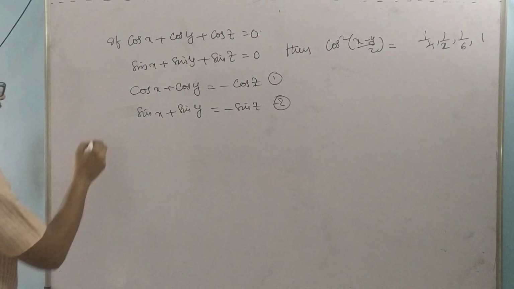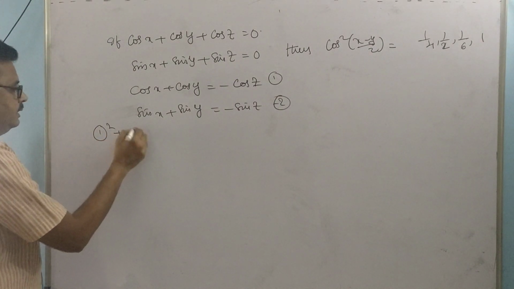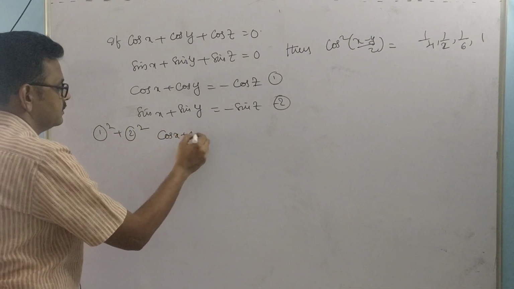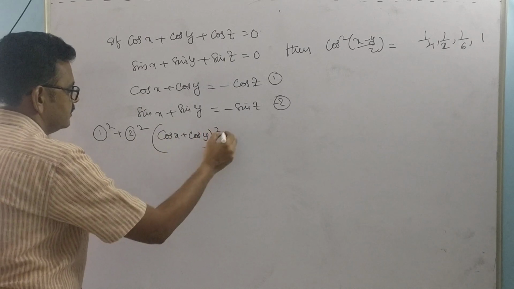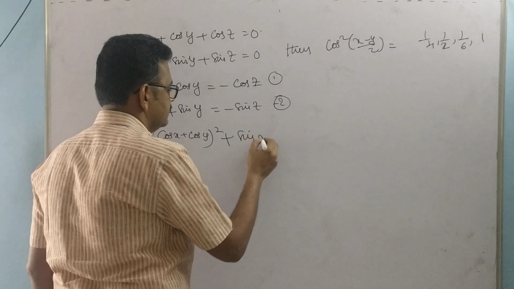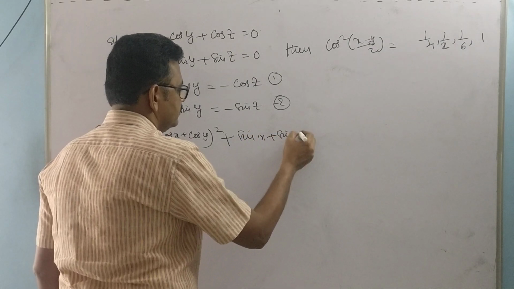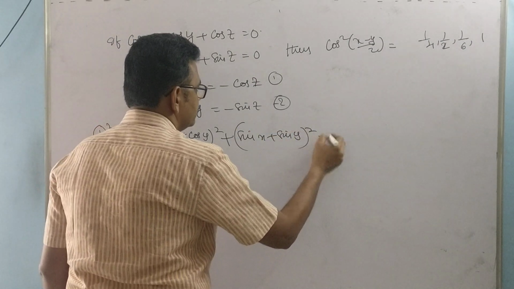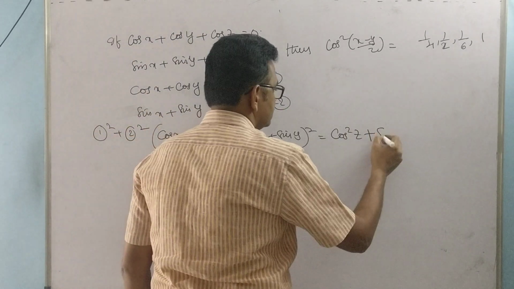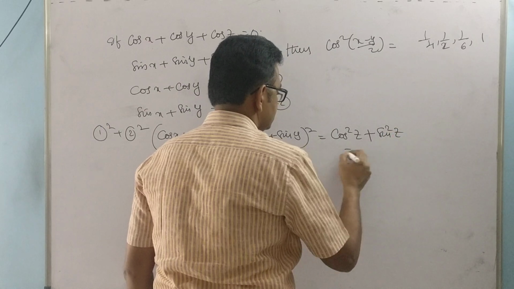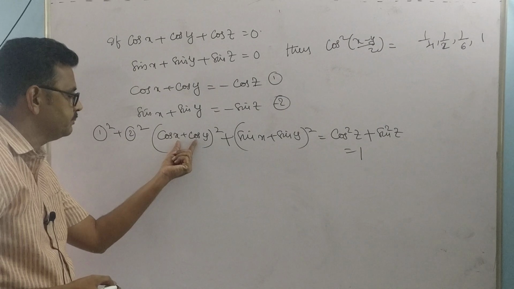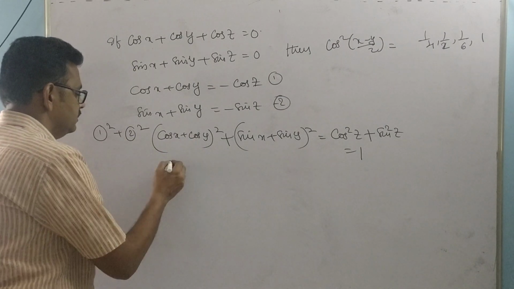Now squaring and adding: (cos x plus cos y) whole square plus (sin x plus sin y) whole square is equal to cos square z plus sin square z, which is 1.